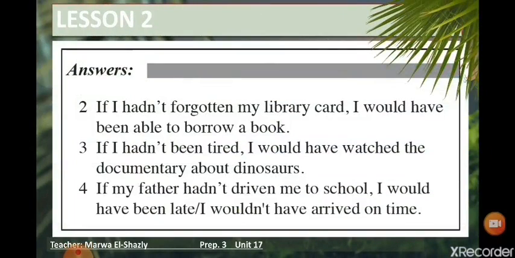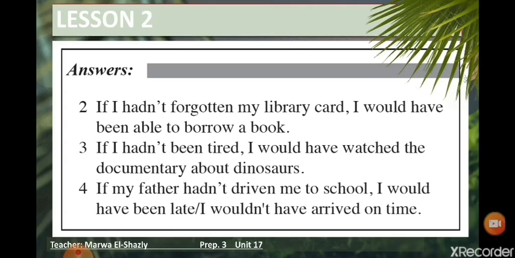Now let's revise the answers. For number 2, if I hadn't forgotten my library card, I would have been able to borrow a book. Borrowing a book here was impossible because this person had forgotten his library card. 3, if I hadn't been tired, I would have watched the documentary about dinosaurs.